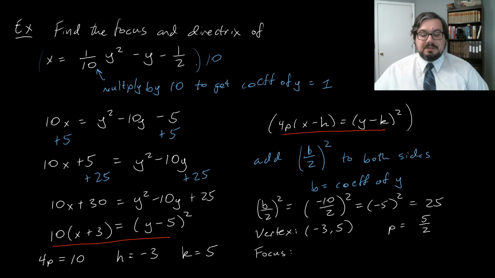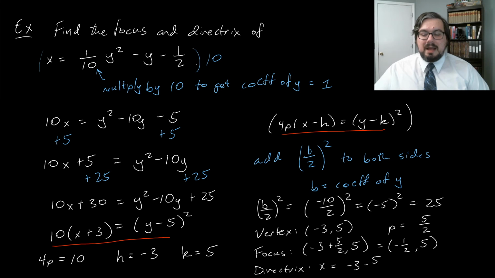Now, because everything is opening horizontally, this p is going to get added to the x-coordinate of the vertex in order to get the focus, and subtracted from it in order to get the directrix. So the focus is going to be negative 3 plus 5/2, 5, which gives us, let's see, negative 3 is negative 6/2, so negative 6/2 plus 5/2 is negative 1/2, 5, and the directrix will be x equals negative 3 minus 5/2, so we'll get x equals negative 11/2.